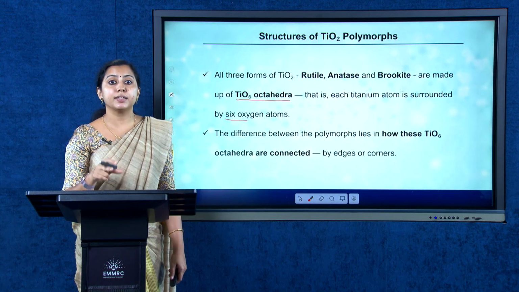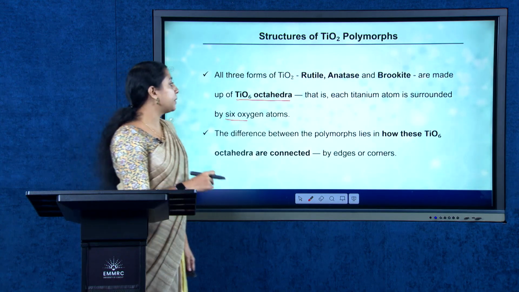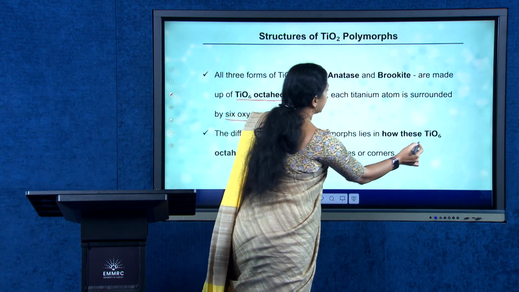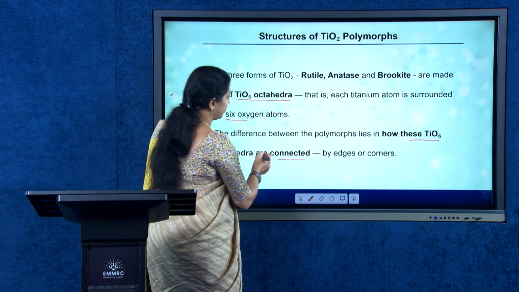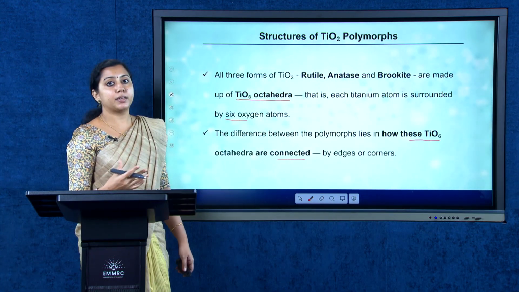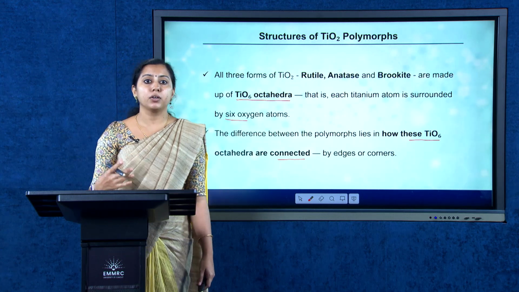Then where lies the difference? The difference between the polymorphs lies in how these TiO6 octahedra are connected, that is, whether they are connected by edges or by corners.